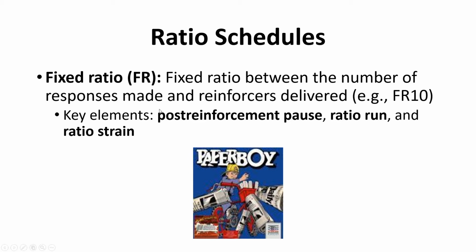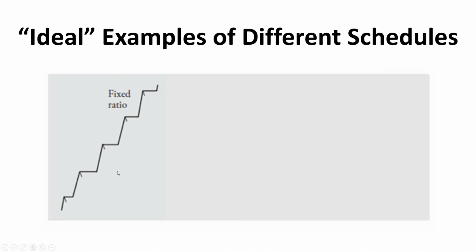And we have some key identifiers that are very closely related to this fixed ratio setup. I'm actually going to flip to the next slide so that we can see them on one of our graphs here. So this is that cumulative record that I was talking about, where we would be seeing rates of responding. And on these ones here, a little tick mark indicates each time that reinforcement has been delivered.